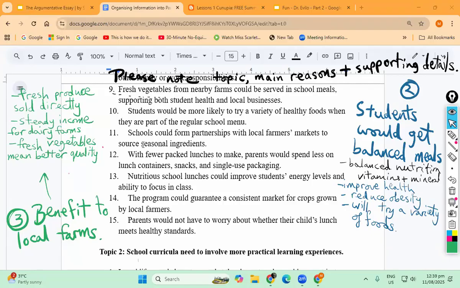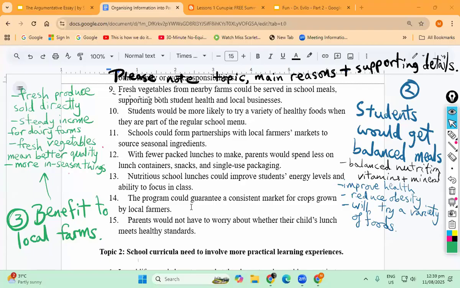Okay, what else? Seasonal ingredients. You could form partnerships with local farmers markets to source seasonal ingredients. So more in season things. Right? What are some things you look out for every year for this season? Might be a fruit.